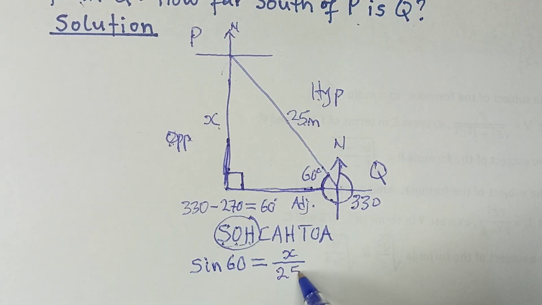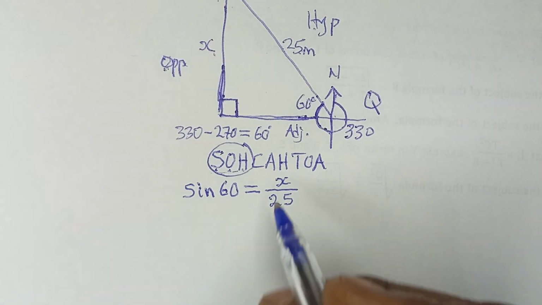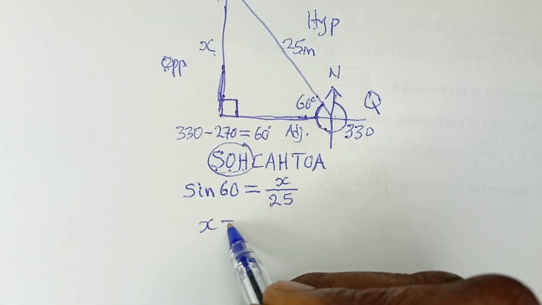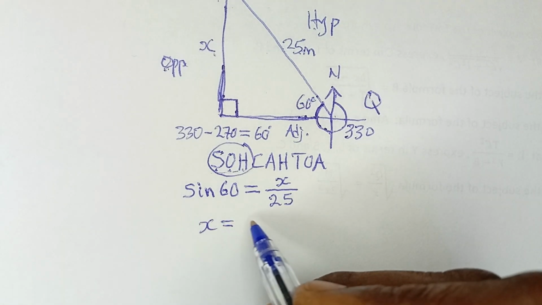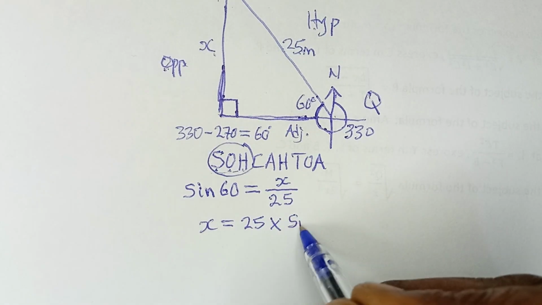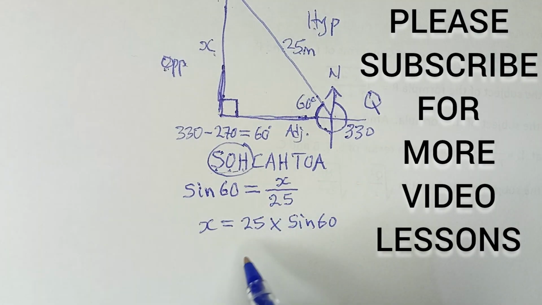So to get x, I'm simply going to cross multiply. So x will be equal to 25 multiplied by sine 60.